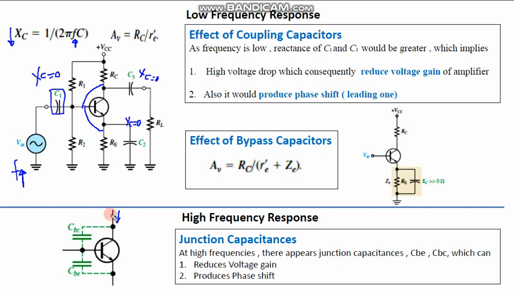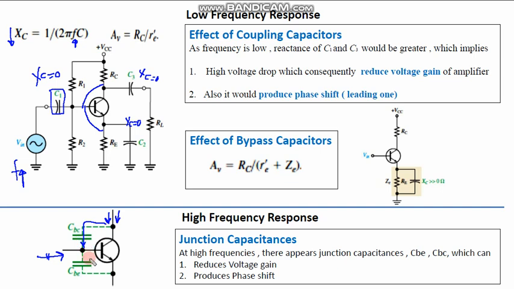So if a signal is in the collector branch, it can readily go through this path to the base. So the signal coming from the base would distort, and there occurs a voltage drop at the base.